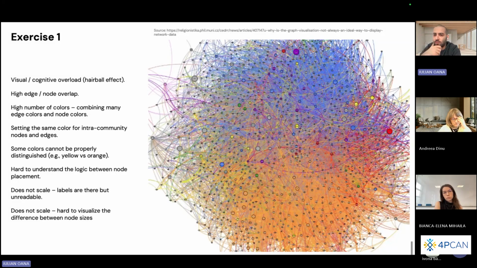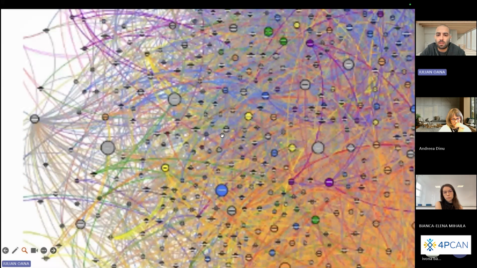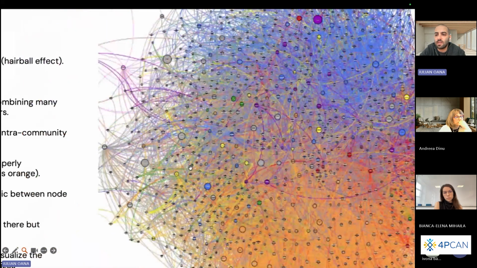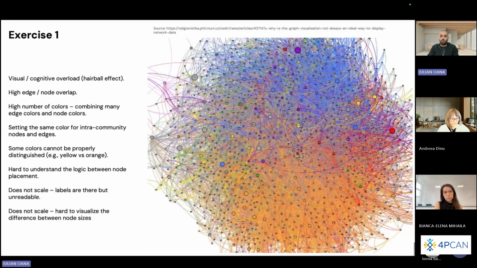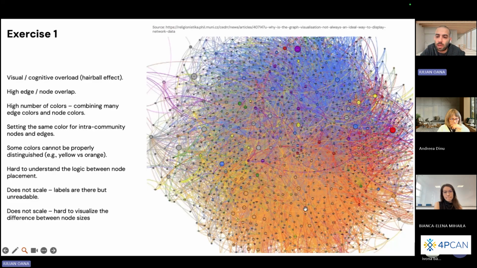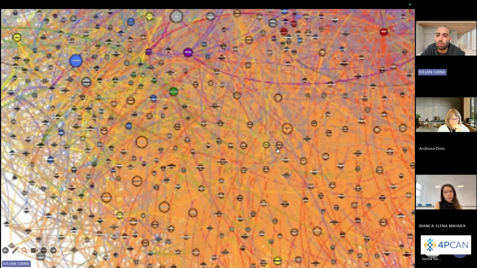We have some labels, but who knows what, because I see that there is some text, but who knows what that text says. And node sizes, differences between node sizes are hard to visualize and interpret, because of course I see some big nodes here, but for example, I cannot say if this node here is bigger than this node.